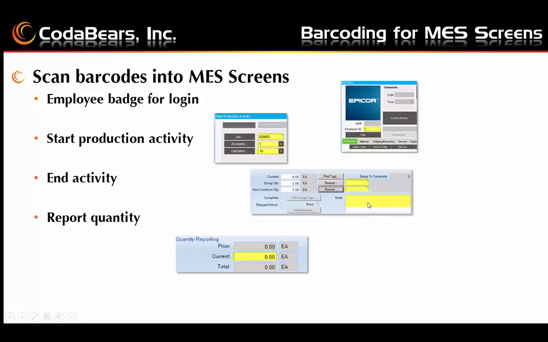And then if you have some common notes that usually they might enter as a reason for their scrap quantity, a note for their scrap quantity, or a note for their non-conforming quantity, then you could also have a cheat sheet to barcode those common notes, and then they could add to those common notes, most likely also in the end activity screen.